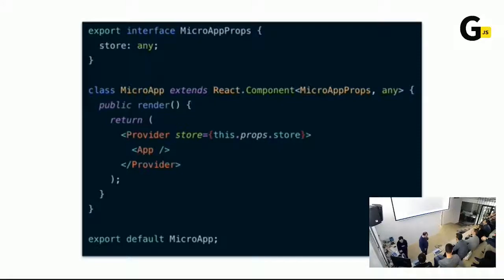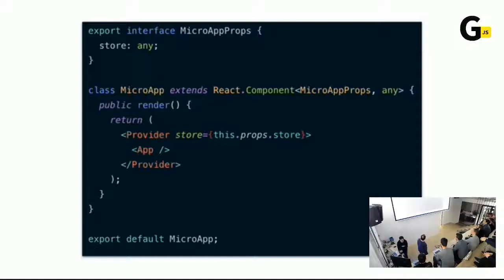It's nothing more than that. And this is the micro app. You can create an own standalone app by doing the same code, but by using your own store. So this micro app can run completely standalone for testing and other purposes.